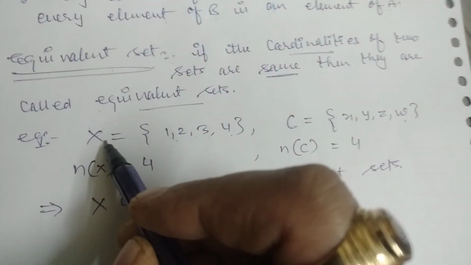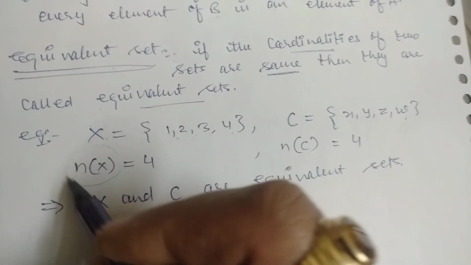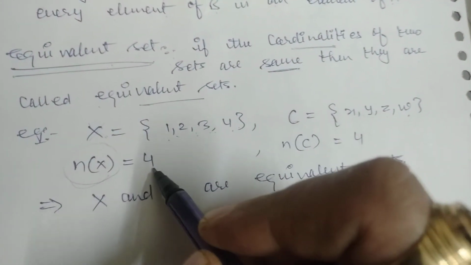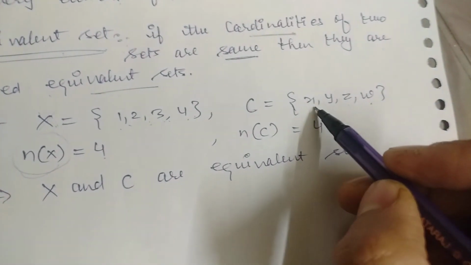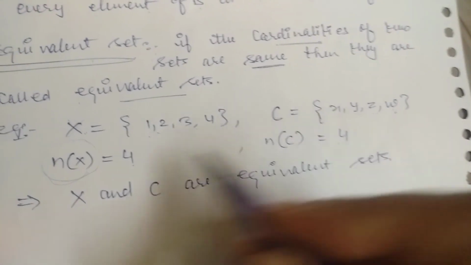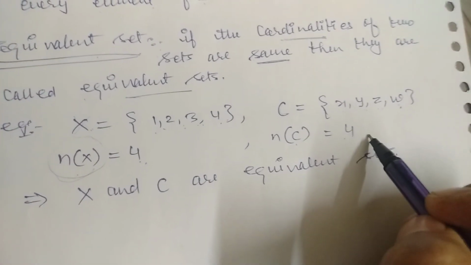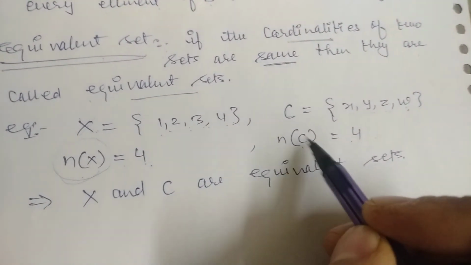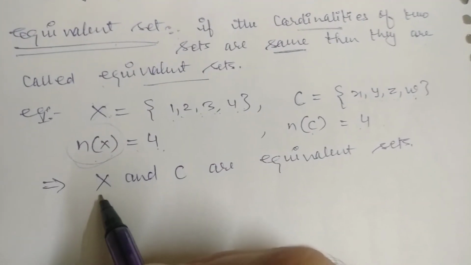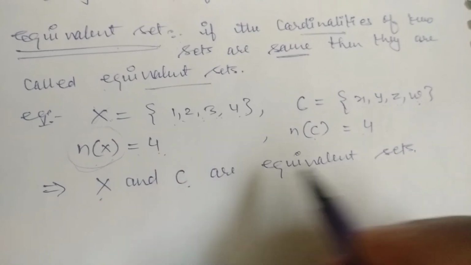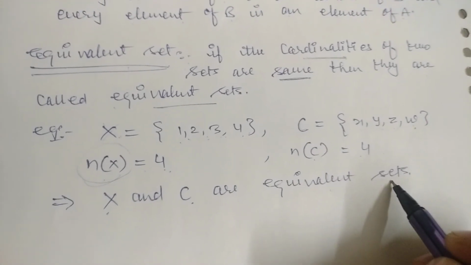The number of elements in set X, कितने हैं इसमें, 1, 2, 3, 4, and the number of elements in set C is 1, 2, 3, 4. So the cardinal number of X is 4 and the cardinal number of C is also 4. Since the cardinal numbers of both the sets are the same, it implies that the sets capital X and capital C are called equivalent sets.